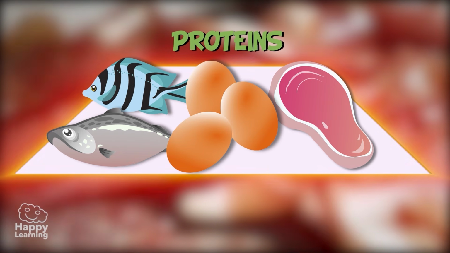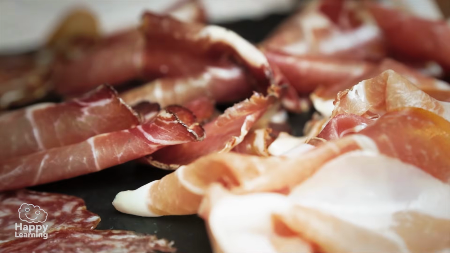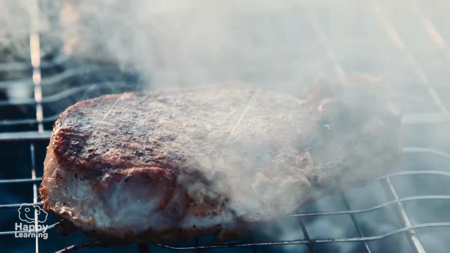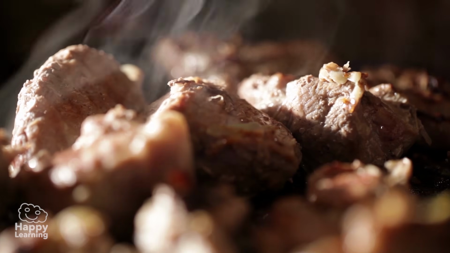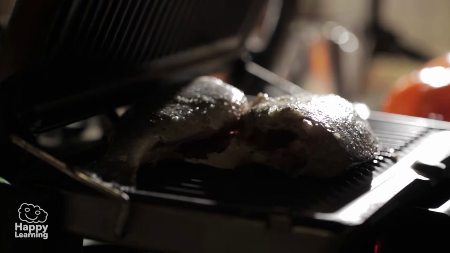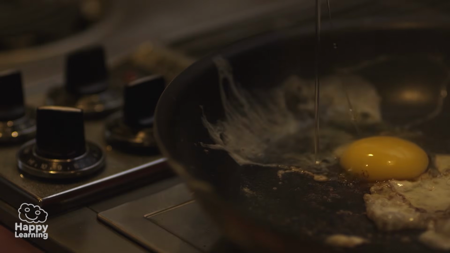The second step is formed by meat, fish, and eggs. It is very important to vary these foods every single day. You shouldn't just eat meat because you don't like fish. In fact, we should eat more fish and eggs than meat.